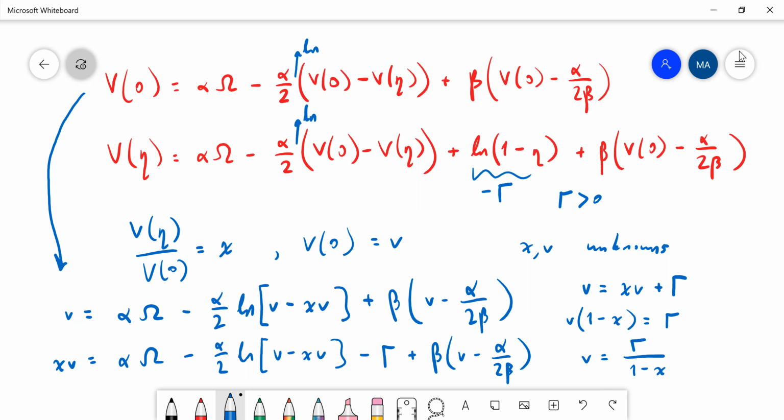So then if you replace 1 minus x that you will see here, then you will have one equation with one unknown. And then you're going to solve V. And that V is equal to, let's do it here. Okay, let's do it where?